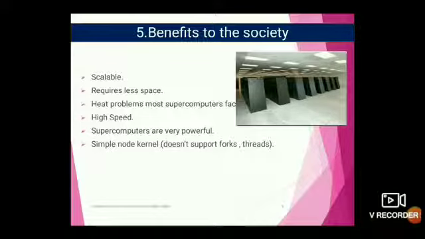It also avoids the heat problems most supercomputers face, and it is high speed. The supercomputer's top speed is 27 petaflops, which means 27,000 trillion calculations per second. These supercomputers are hundreds of thousands of times faster than a PC, and are very powerful in measures of performance.